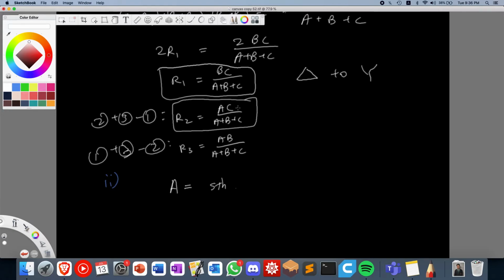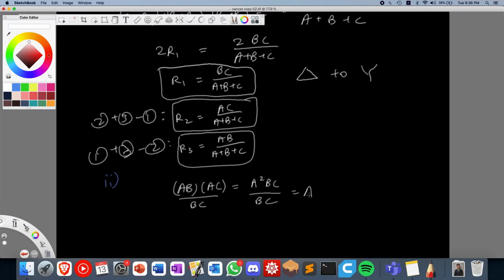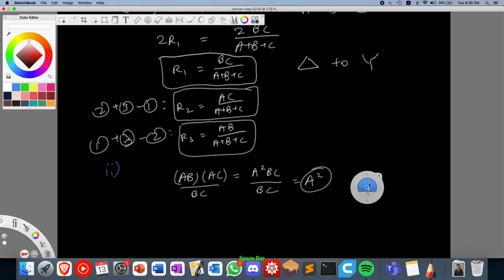So how do we use them? Well, let's say we have AB and let's say we have AC. If we multiply these two, we get A squared BC. Then if we divide both sides by BC, we get A squared. So we see that we sort of isolate it a little bit.